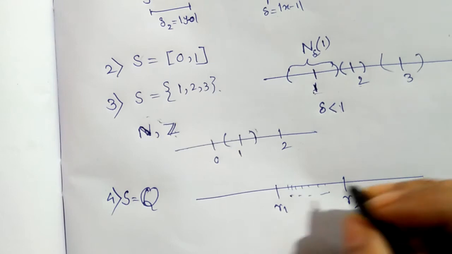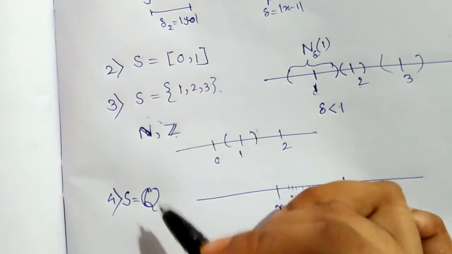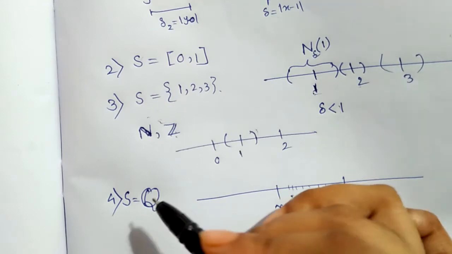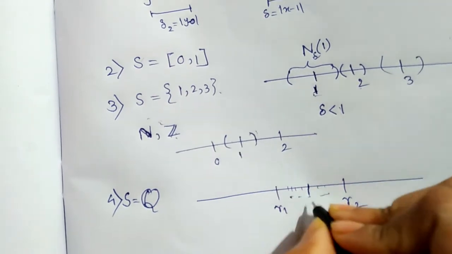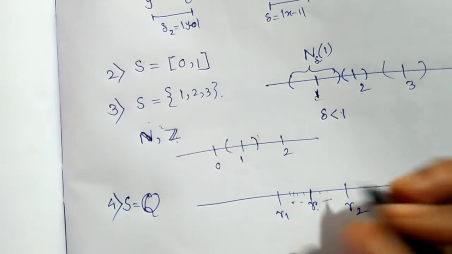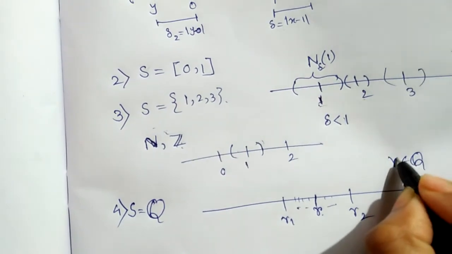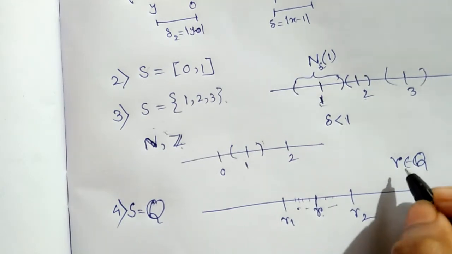Now we have to check whether any arbitrary rational number is a limit point of S or not. Suppose this is R, any arbitrary rational number. Then is R a limit point or not?